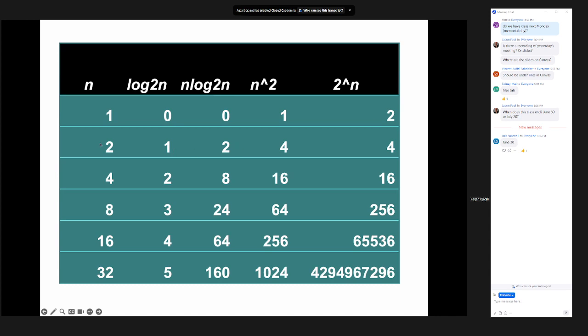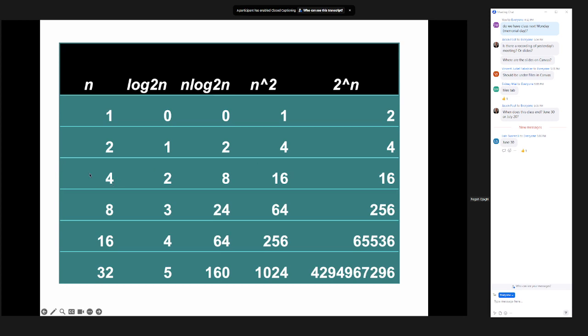But that's not bad because I have one input. Let's do 2 inputs. The first algorithm takes 1 second, the second algorithm takes 2 seconds, the third algorithm takes 4 seconds, and the last algorithm takes 4. It's still okay. Taking 4 seconds is not bad for one sorting algorithm.